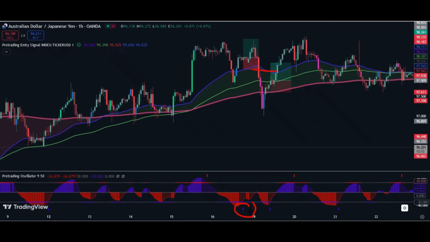But here we have another signal, and the price closed between the 50 exponential moving average and 100 exponential moving average. So in this case we open our buy trade, and our stop loss is at this 200 because it's the next exponential moving average close to the 100. Our target is 1 to 1.5, and this trade was also a winner.